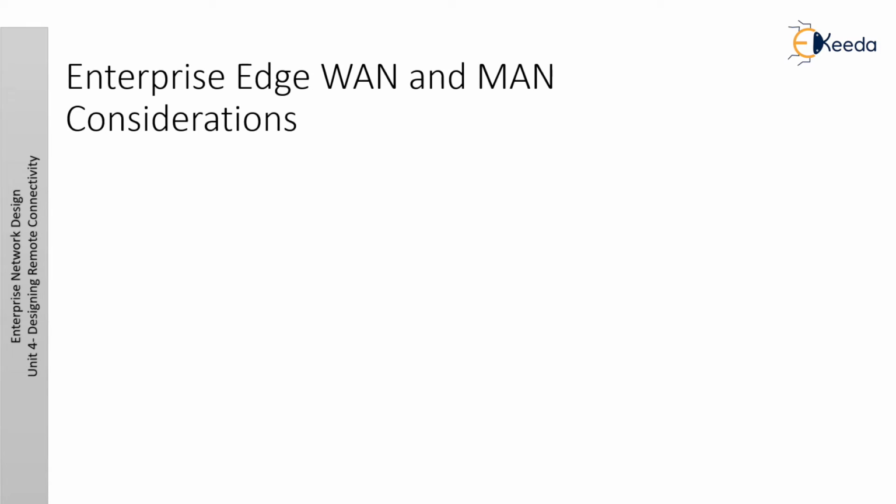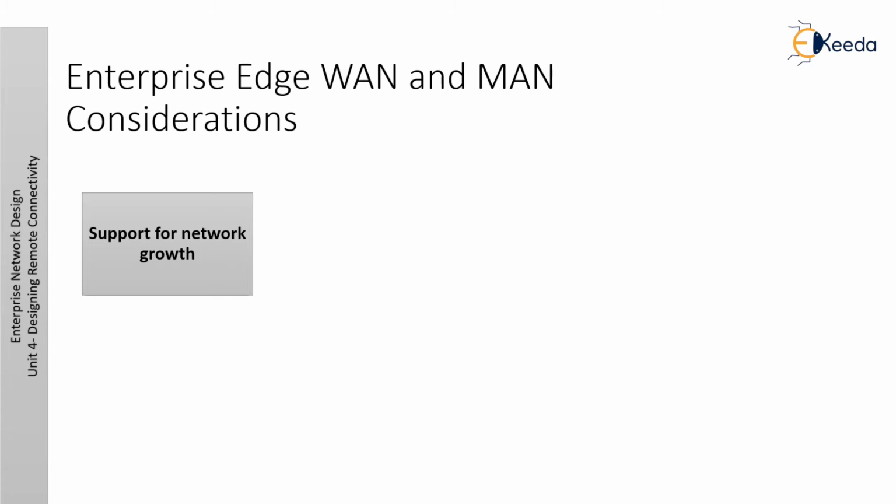So let us discuss enterprise edge WAN and MAN considerations. When selecting enterprise edge technology, there are several factors. The first factor is support for network growth. Enterprises that anticipate significant growth should choose a technology that allows the network to grow with their business.